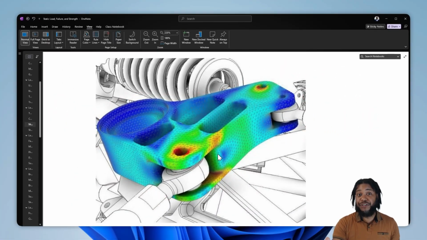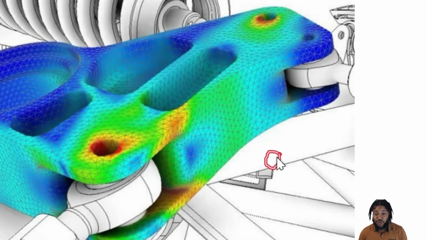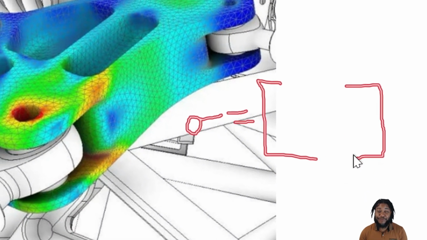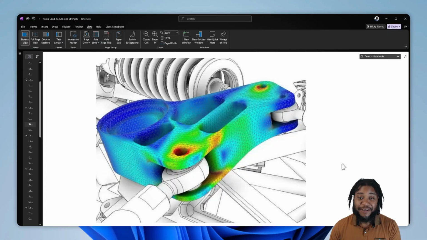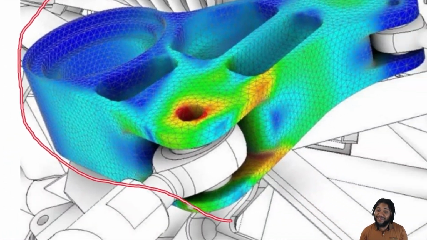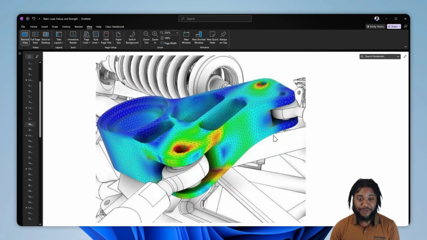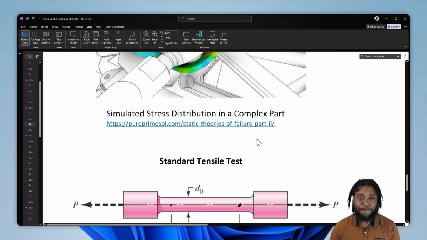In fact, in previous videos, we learned that even for a simple beam subjected to a couple of different forces and moments, it has a state of stress where stress is a tensor that includes six different values of stress that are calculated from the geometry, normal stresses and shear stresses. So for real parts, stress isn't even that simple. It's not just one value, but a tensor of values.